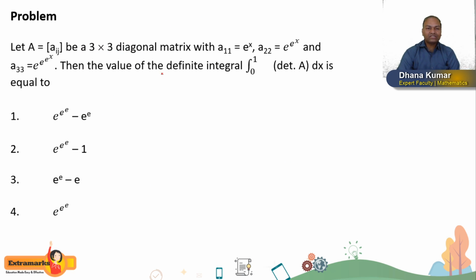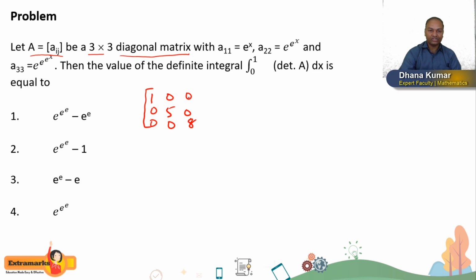See, matrices and integration concepts. Let A equal to Aij be a 3 by 3 diagonal matrix. Diagonal matrix means what? Let us say, for example, just one example I am writing: 1 0 0, 0 something 5 0, 0 0 something 8. This is called the principal diagonal.